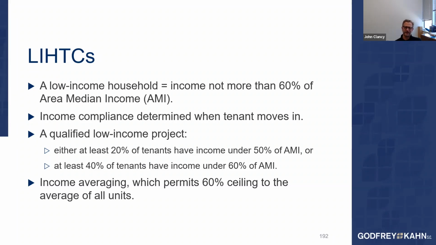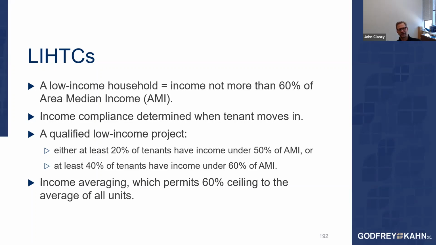A qualified low-income project historically has meant either 20% of the tenants have income under 50% AMI, or at least 40% of the tenants have income under 60% AMI. So those are additional requirements that have historically been required, which also created complexity in terms of how you fill these units in.